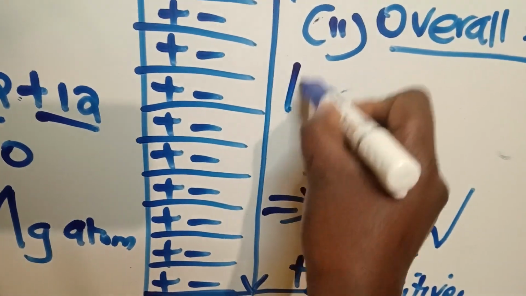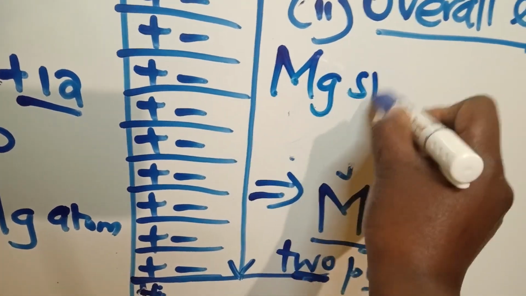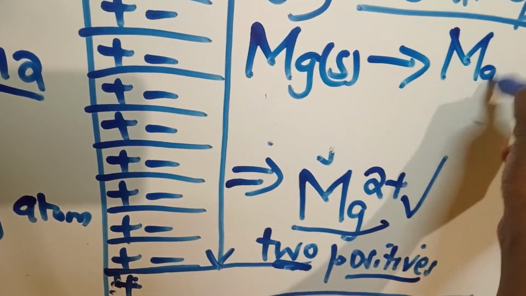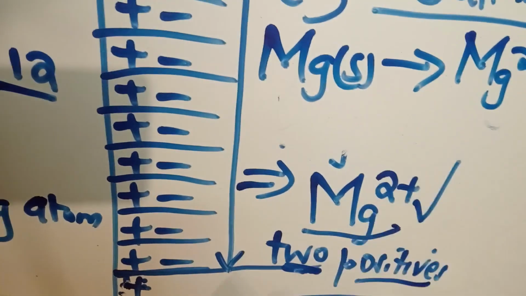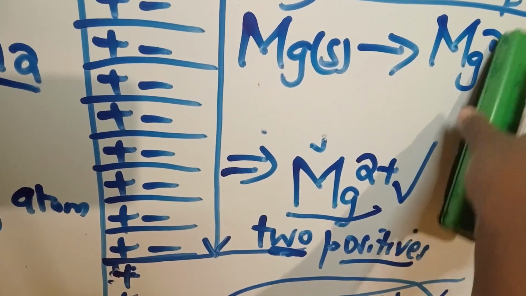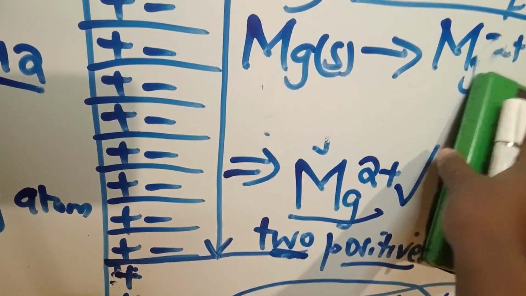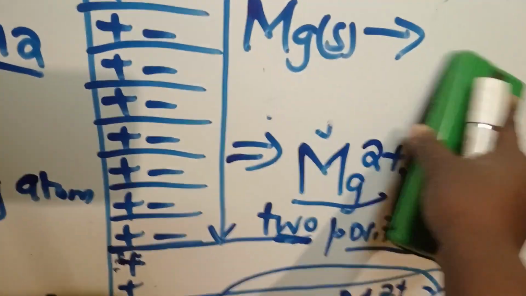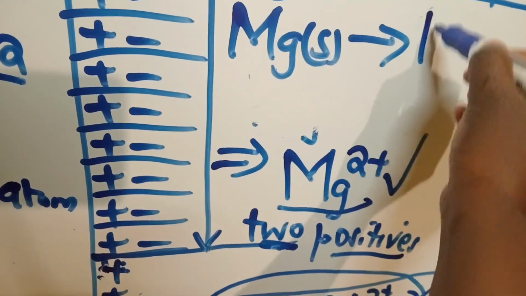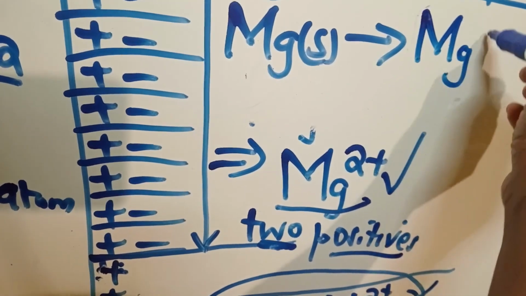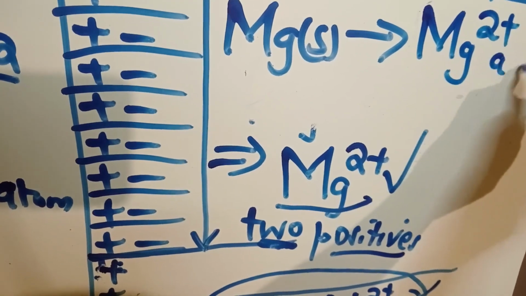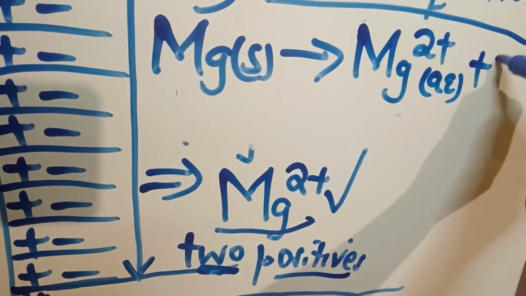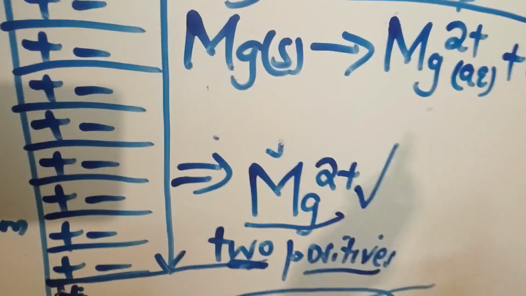So it will now be Mg solid. You put the arrow, you write the Mg2 positive, and you're not supposed to have the letters very close to one another. So let me write it correctly. Mg2 positive, it is the aqueous state, plus 2 electrons.